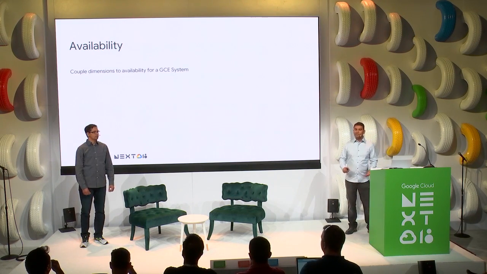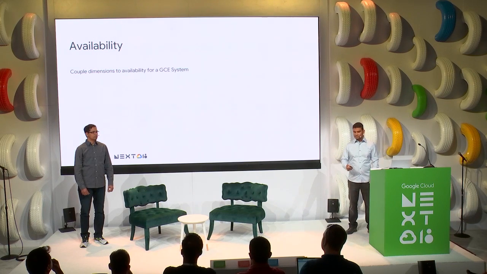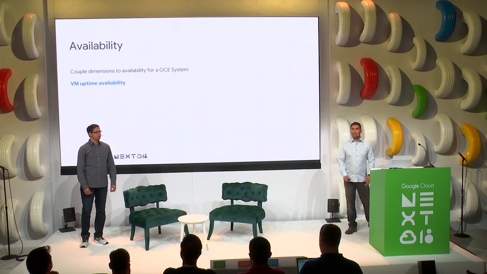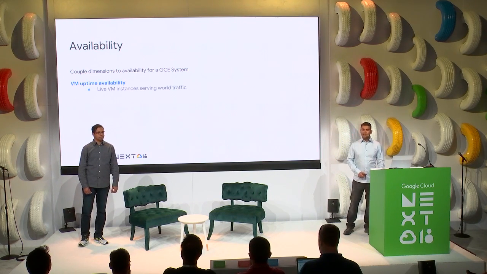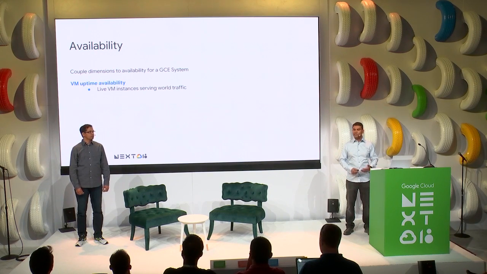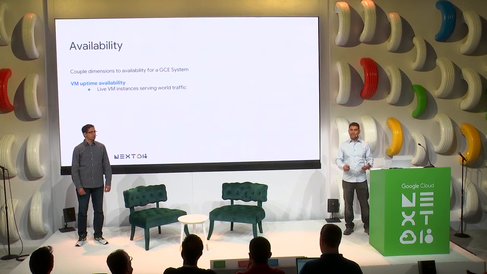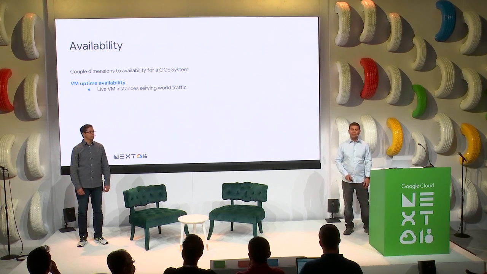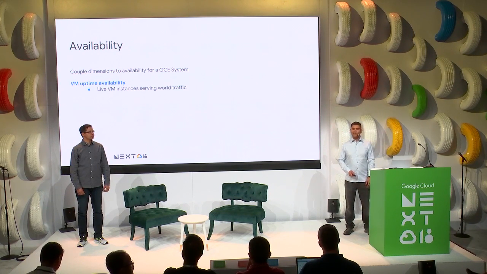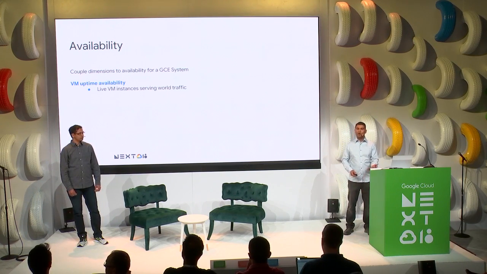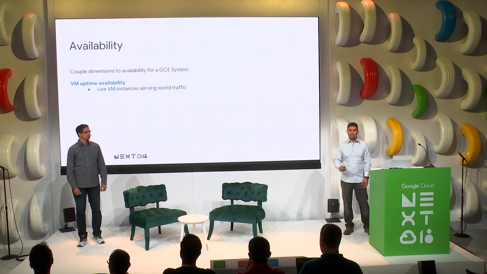There are a couple of dimensions to availability for a GCE system. The first is VM uptime availability. This is when your VMs are programmed, the network is configured, your PD is configured, and all the other resources have been programmed by the control plane, and your resources are now serving live traffic. We call that VM uptime availability.